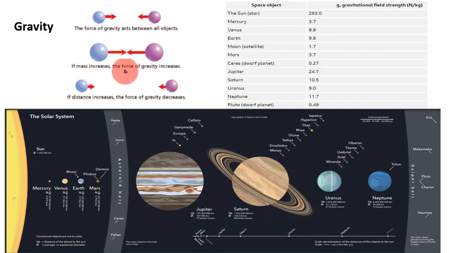The further apart the bodies of matter are from each other, the less the force of gravity. The closer they are together, the bigger the force of gravity. So gravity is a force essentially. The more matter you have, or the more mass that's present, the bigger the force of gravity. If we take the Earth, for example, in comparison to us, the Earth is a huge object.